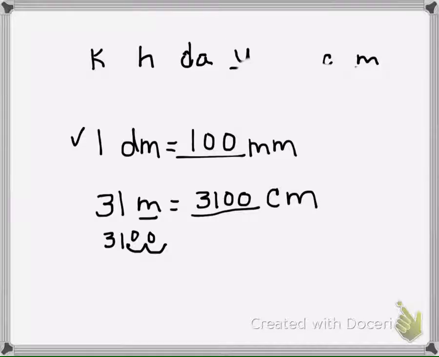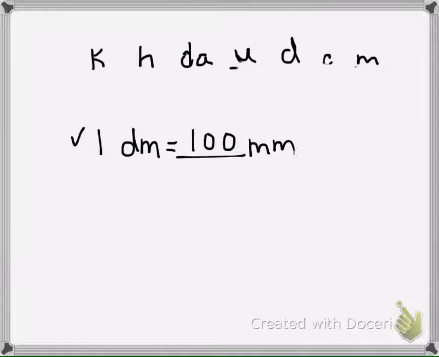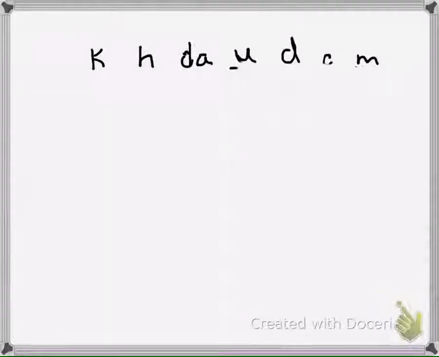Let's do some more. Let me get all of this out of the way so we have plenty of room here. All right. Now, remember, the unit is talking about either meters, liters, or grams, okay?